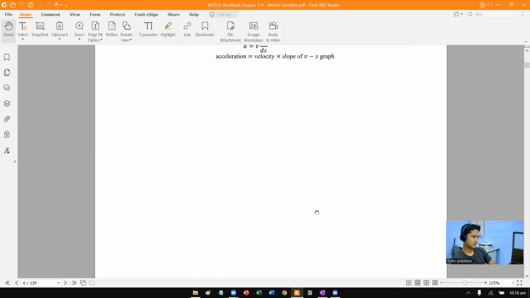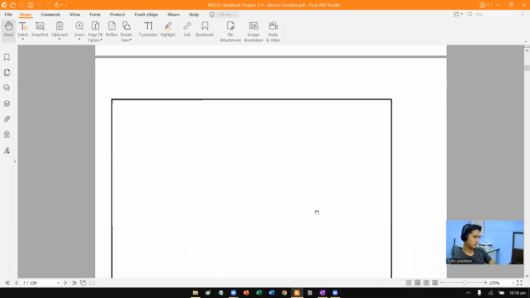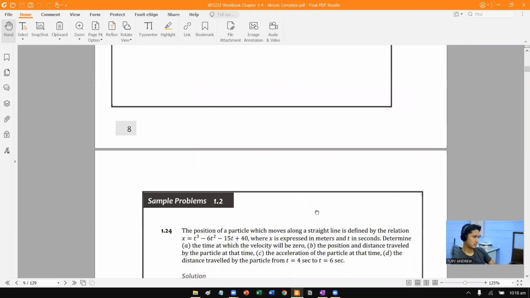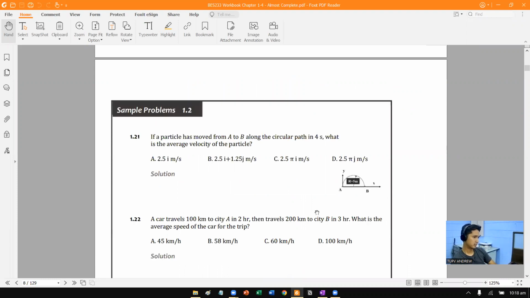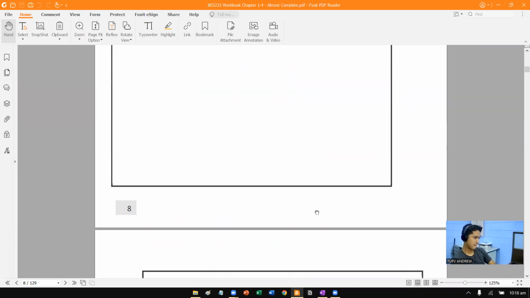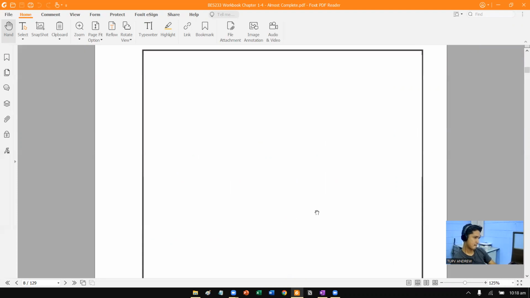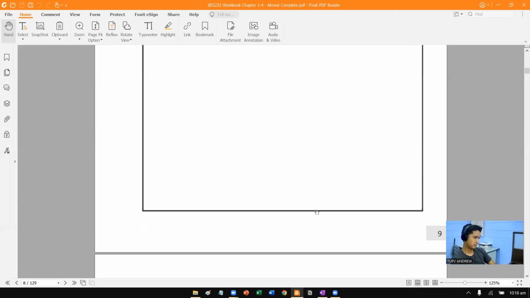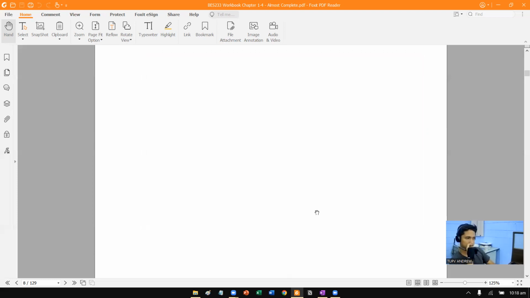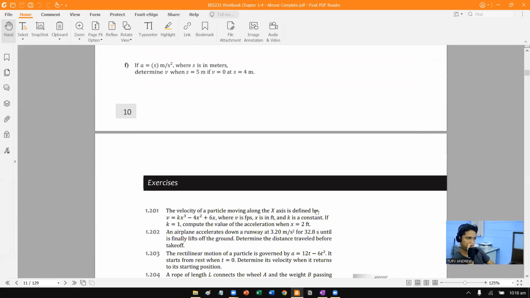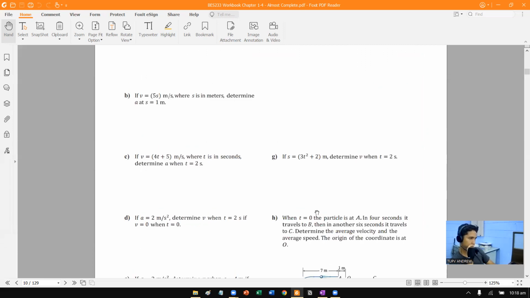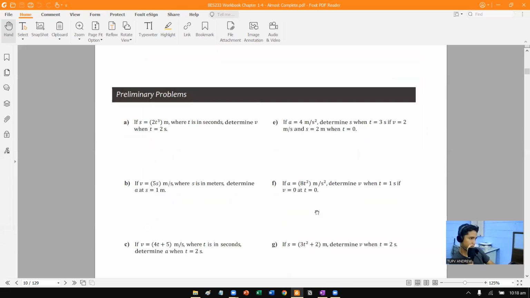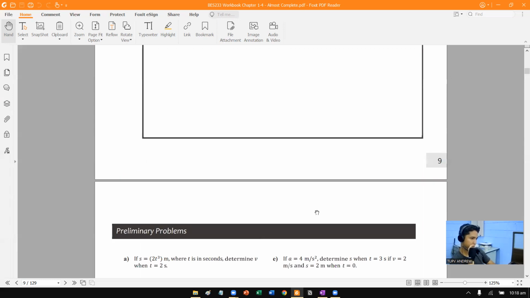I don't know if I have a specific example for that. I included it in the topic, but I have no problems for erratic motion.